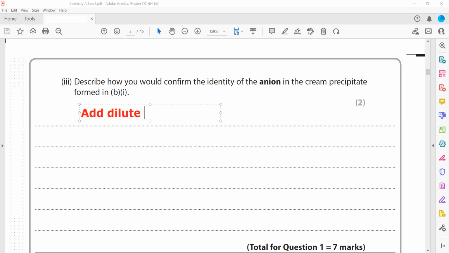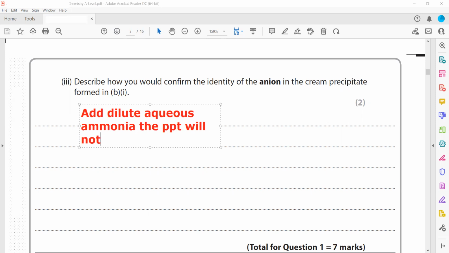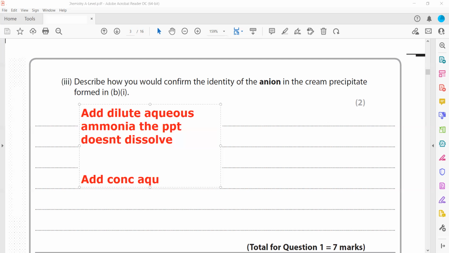So add dilute aqueous ammonia, the PPT does not dissolve, and then we will add concentrated aqueous ammonia, the precipitate will dissolve partially.